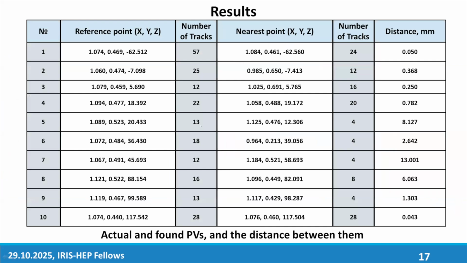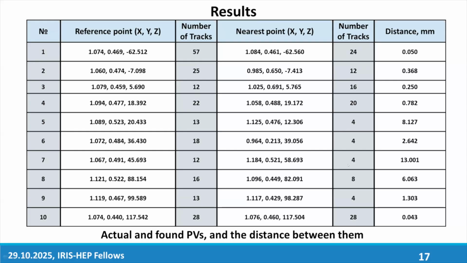But here we can give some numbers for precision. Here we can see the actual coordinate of the reference point, the primary vertices, and the nearest point of my algorithm. And we can see that vertices with the most tracks are found quite well, with a small difference.